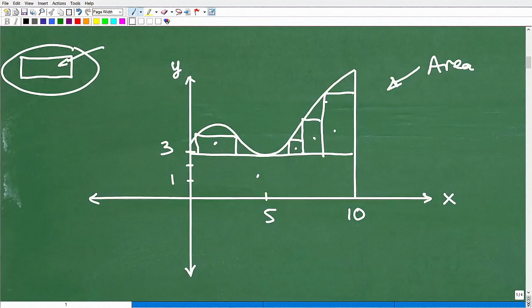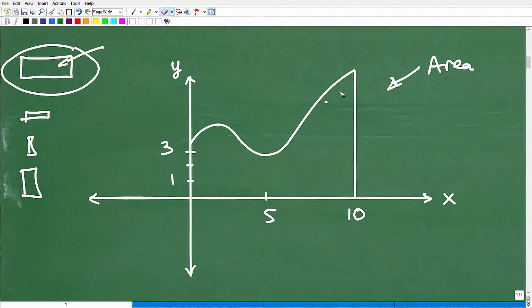Okay, we do know how to find the area of these guys, so I can use little tiny rectangles, or I can use bigger ones, and I could just create or estimate that shape roughly, and then add up the area of all those little rectangles. But we're going to use the rectangles more in this manner, okay?